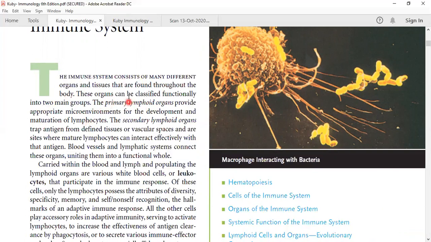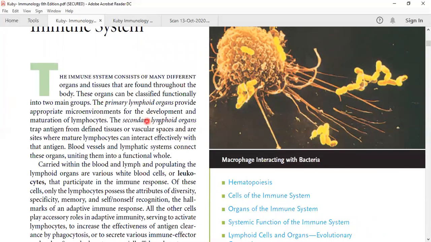So the primary lymphoid organs are the organs which are providing an appropriate microenvironment so that development and maturation of lymphocyte can take place. So bone marrow is responsible for the development and maturation of B cells, B lymphocytes, whereas thymus is responsible for the maturation and development of T cells.